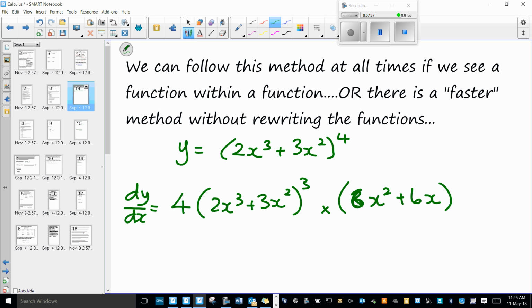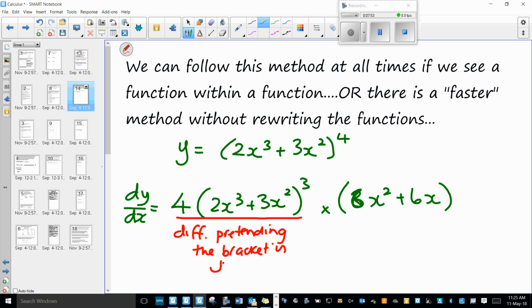So this was: differentiate, pretending the bracket is just x, and then multiply by the derivative of what is in the bracket.